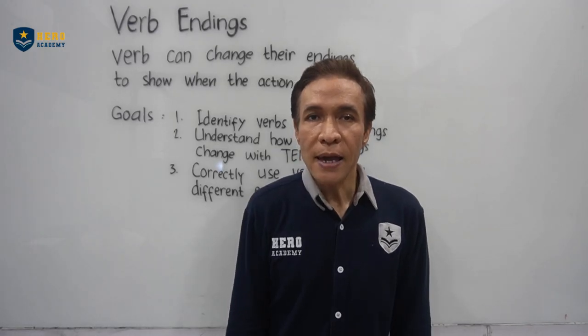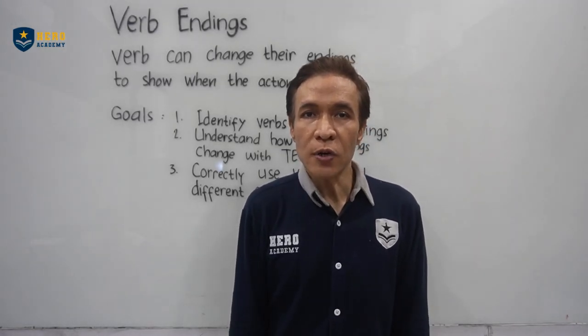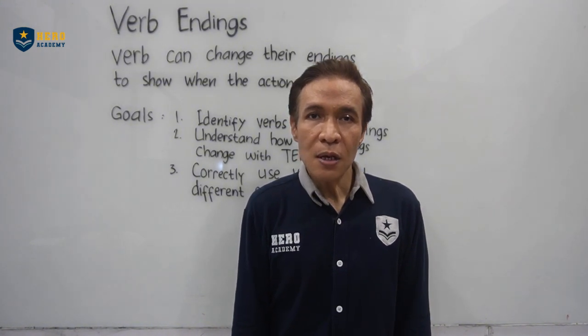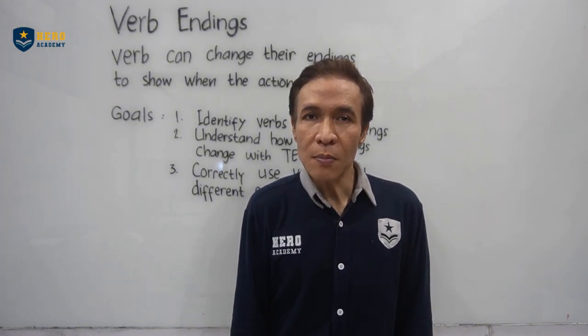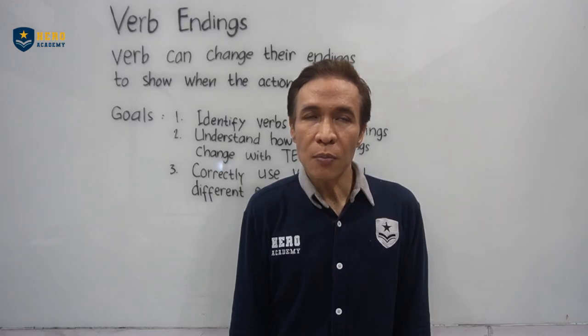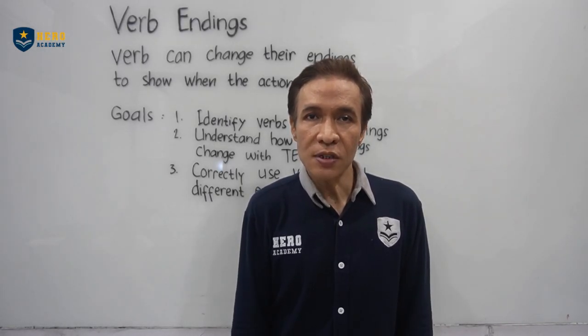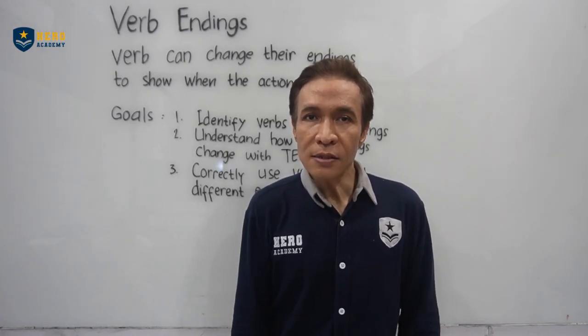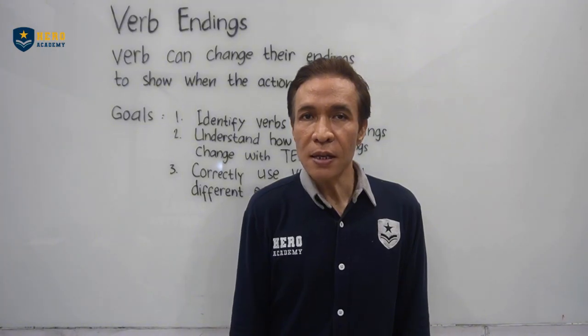And we add es for the verbs or action words that end with h. For example, there are some verbs that end with h, like watch, wash, brush. So if the subject is he or she or it, we add es after the verb at the ending of the verb.